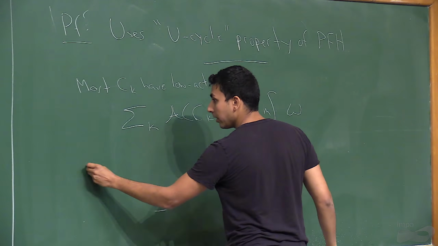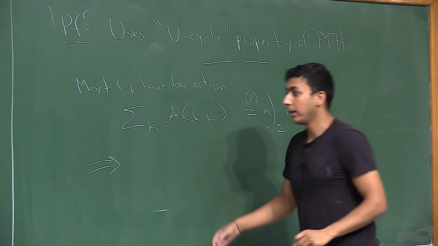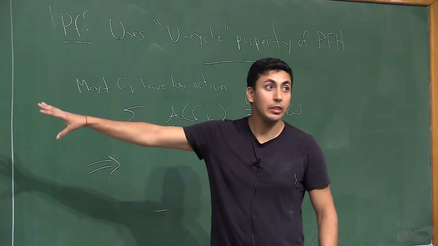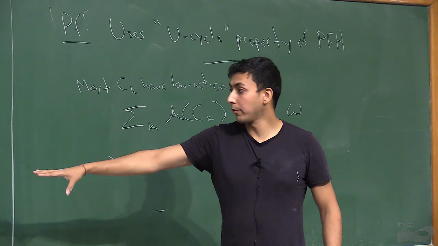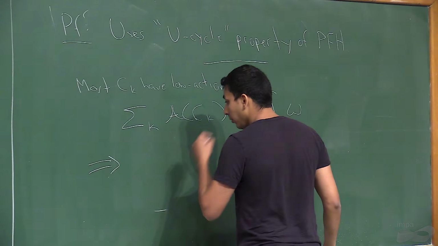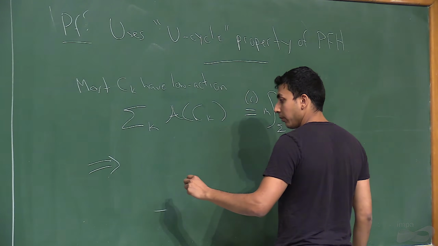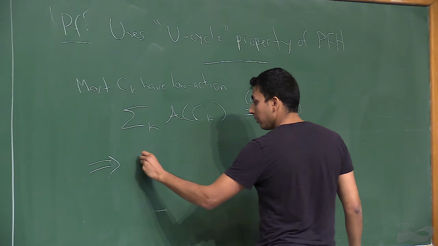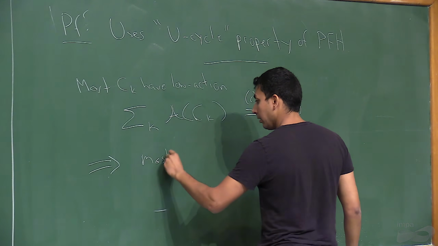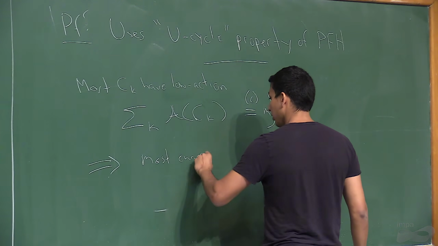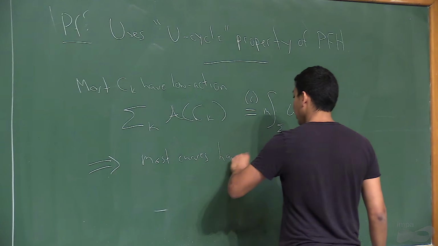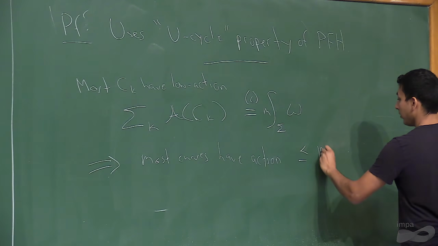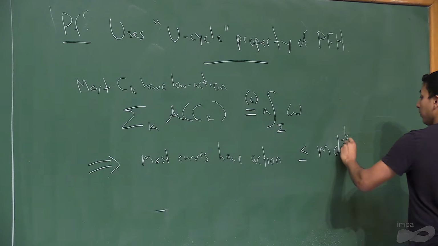Now, what this implies is that since there's about M times D of these holomorphic curves, most curves should have action bounded above by, say, M times D to the minus 1/2.